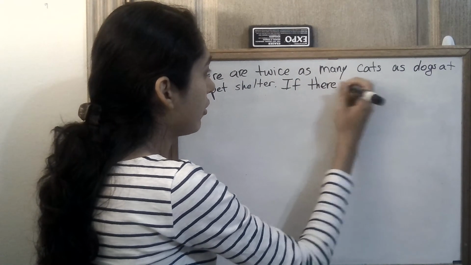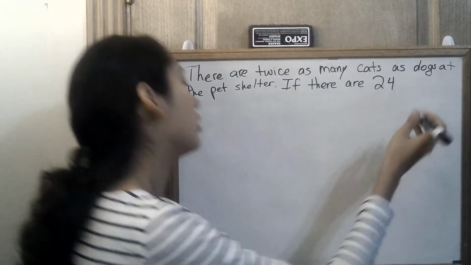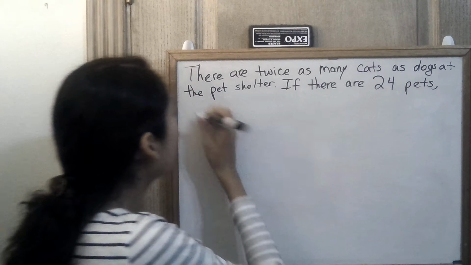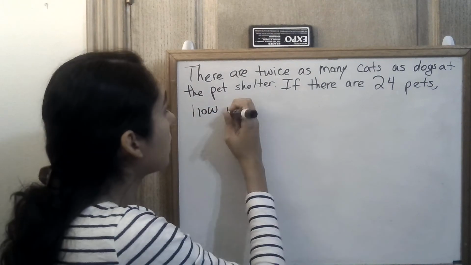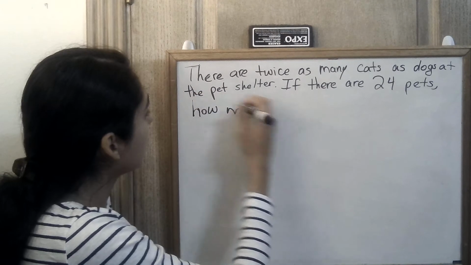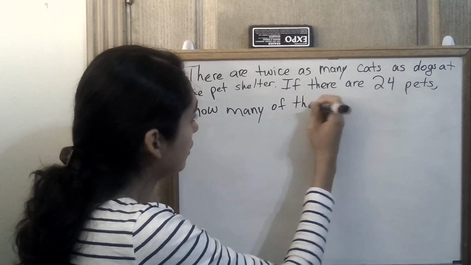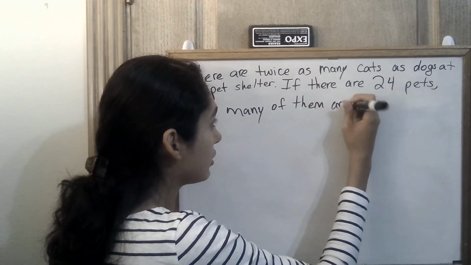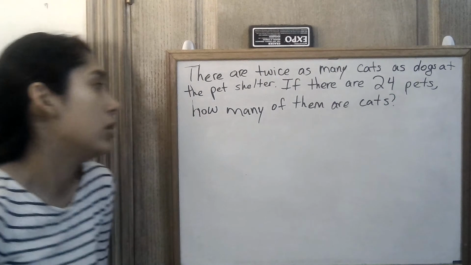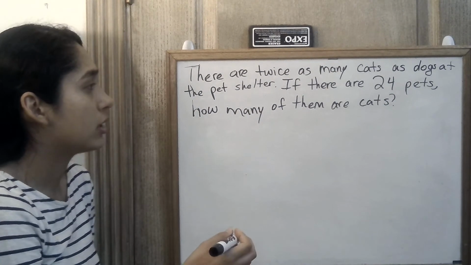If there are 24 pets, how many of them are cats? Okay, so there are twice as many cats as dogs at the pet shelter.